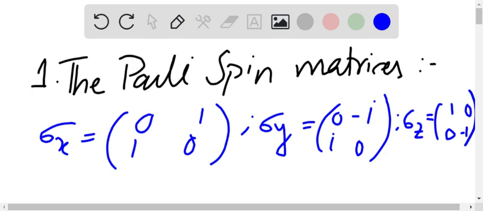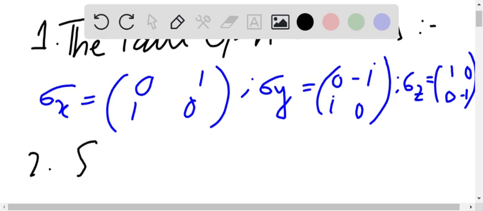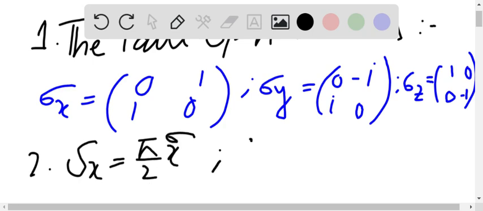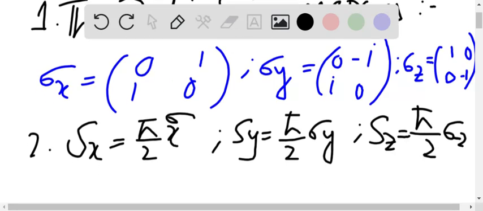Now, the second thing that we must know is that S sub x is equal to ħ/2 times sigma x, S y is equal to ħ/2 times sigma y, and S sub z is equal to ħ/2 times sigma z.